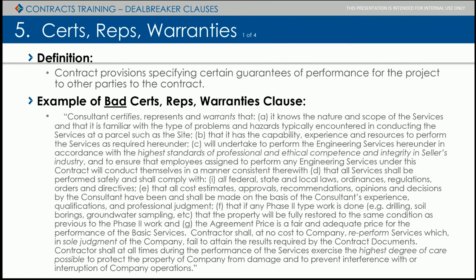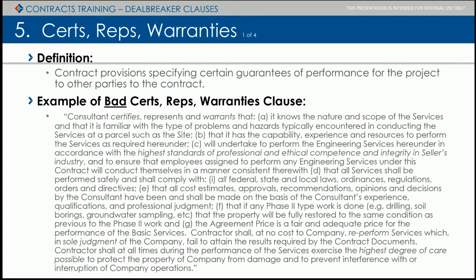Be very careful with this, because what we're signing up to do is to provide professional services pursuant to a standard of care that is standard in the industry. And if we agree to anything more than that, we're on our own to back it up.